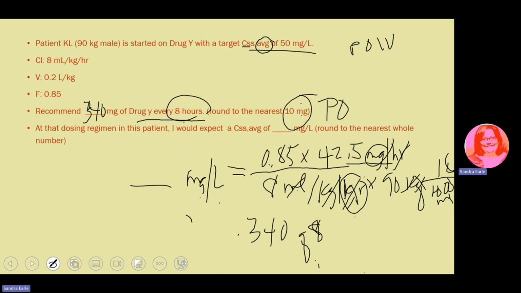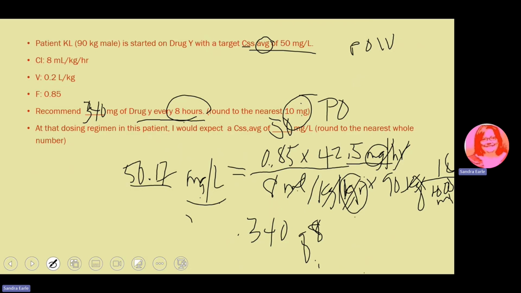All right, now I did it right. Okay, that works out to be 50.17 milligrams per liter. So round to the nearest whole number, so it's going to be 50. Sorry, I did a little calculating wrong to begin with.